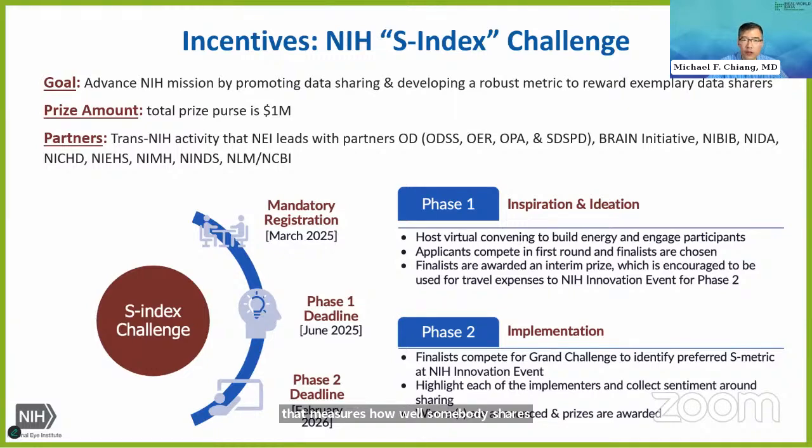Okay, and so there's 17 groups at NIH that are involved with this, and we're the lead. And really excited about this because, again, in the spirit of creating incentives for collaboration and data sharing, I think we need to shift that culture. Okay, so it would be great to be able to develop this metric, get it into Google Scholar, get universities to care about it, and so on. Okay, so stay tuned about this.